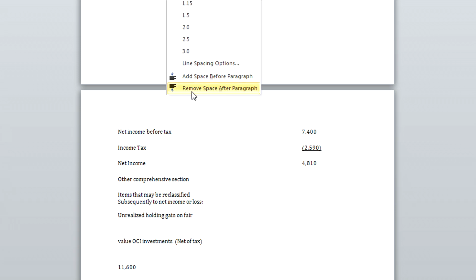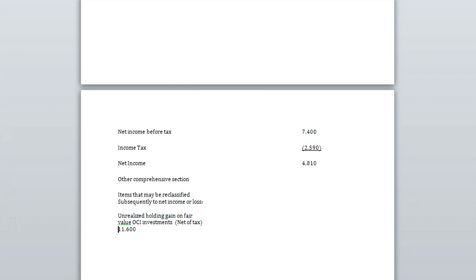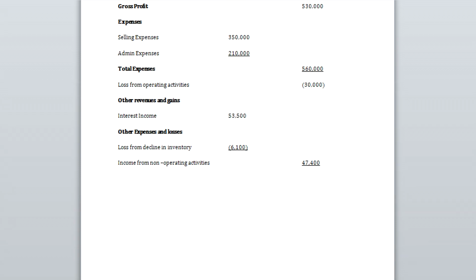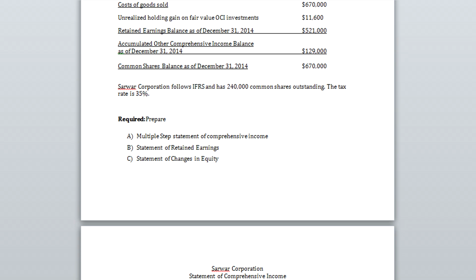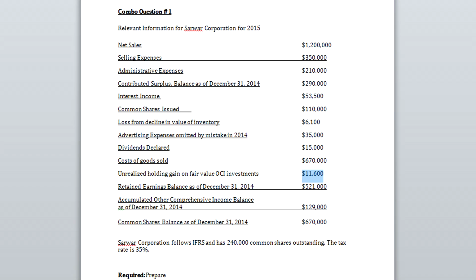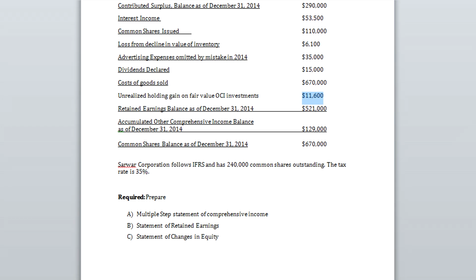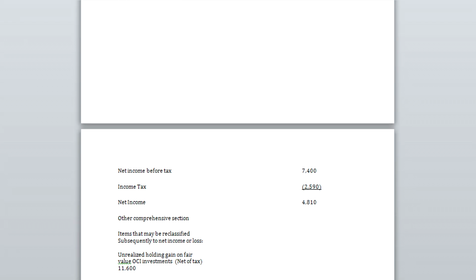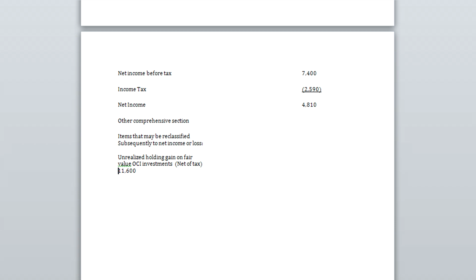Let me just remove the line space in there. Okay, so the unrealized holding gain right here is recorded pre-tax at $11,600, and the tax rate is 35%, where is that? It is right here.